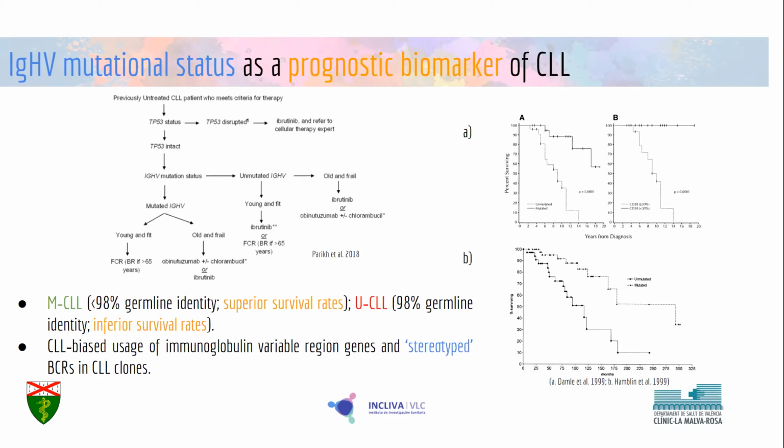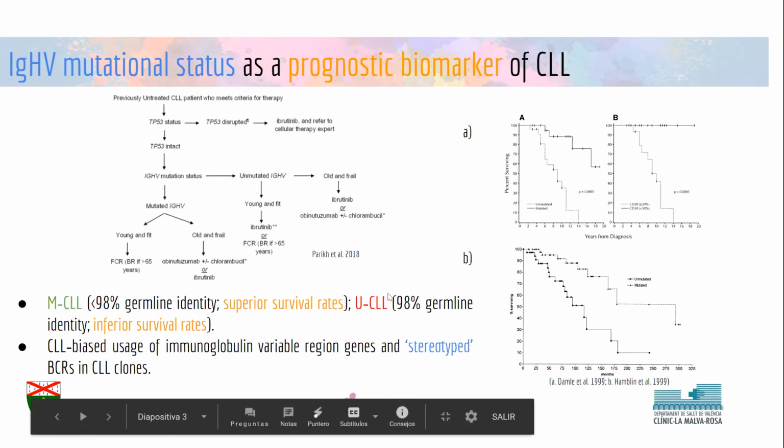So in the case of the patients who shared more than 98% of their sequence with germline, they had an inferior survival rate compared to those that had more mutations. And so they were divided into groups known as mutated and non-mutated.